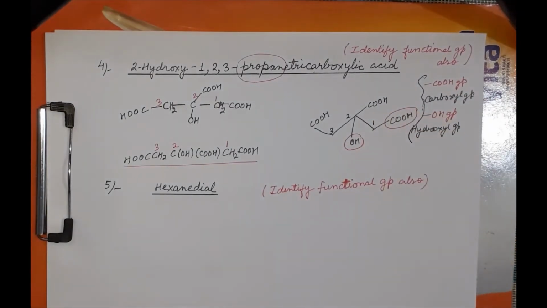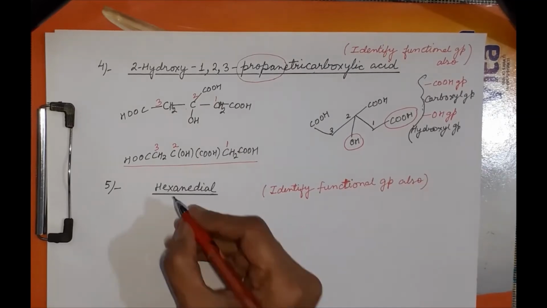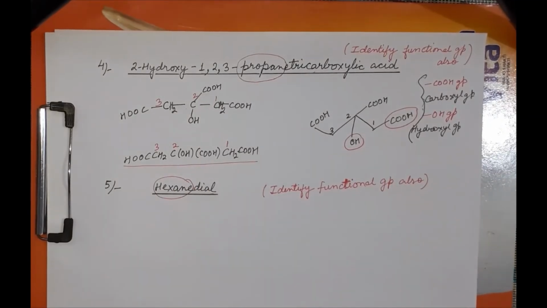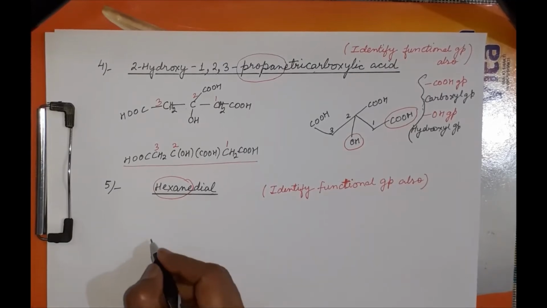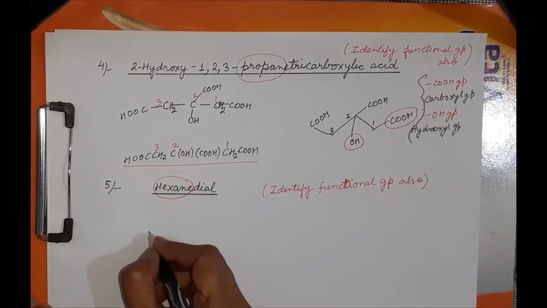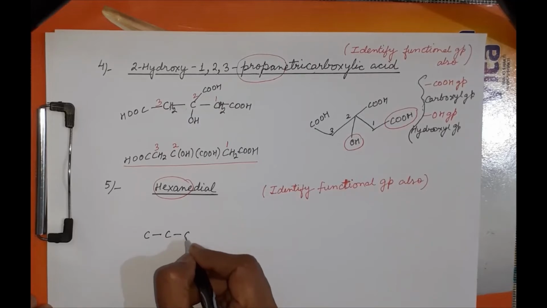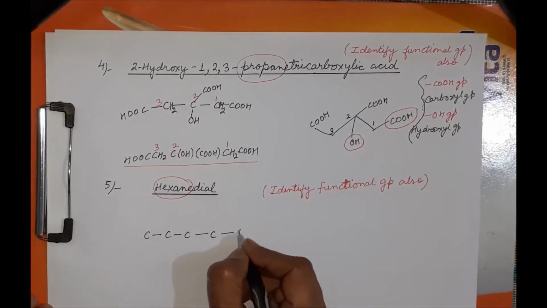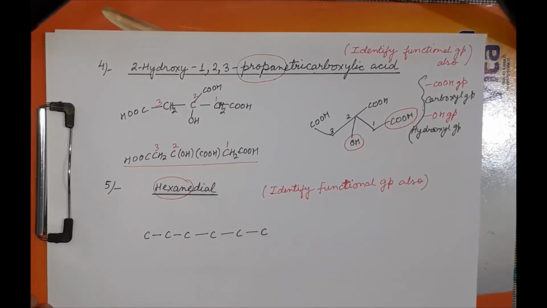Now moving on to the next compound, hexanedial. Hexane means it has 6 carbon atoms. So first we can write like this: 1, 2, 3, 4, 5, 6 carbon atoms. And we know 'al' is added for the aldehyde group.